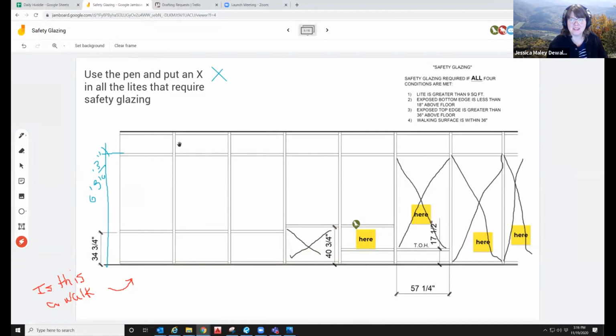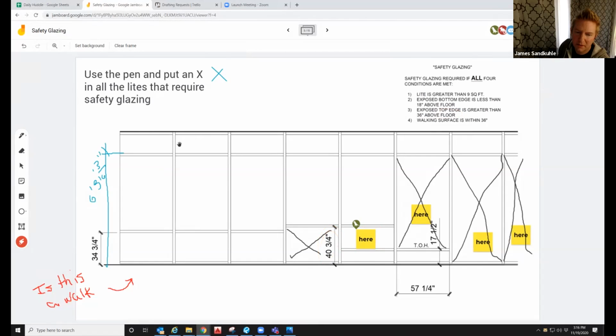Okay, so then the exposed bottom edge is less than 18 inches above the floor, but the exposed top edge is not greater than 36 inches above the floor, because the exposed top edge is at 34 3/4. No, it's 40 3/4, per the dimension right here. Oh, I was looking at the far left dimension.